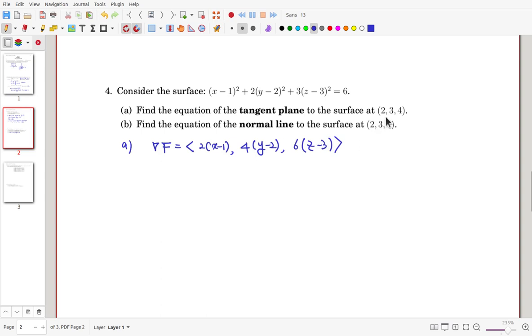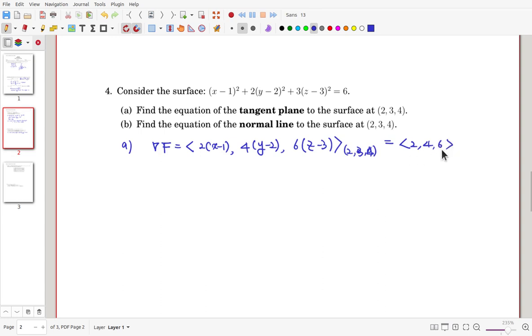Now at (2, 3, 4), we try to get the numeric vector. x is 2, then there's 1, y is 3, z is 4, so these are all 1. So we have (2, 4, 6).